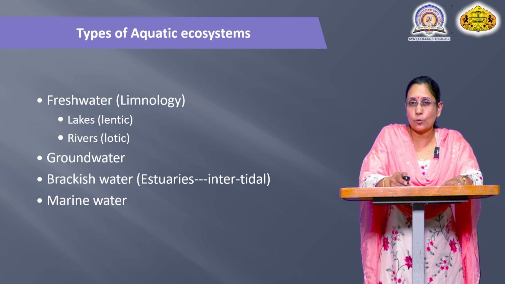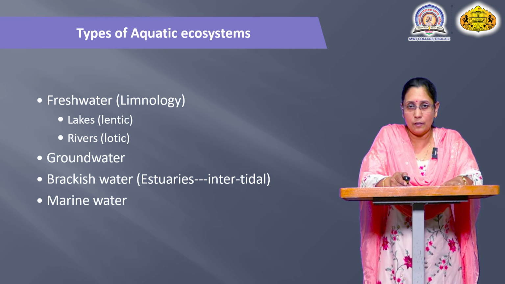Then groundwater is also one of the types of aquatic ecosystem, and one specialized part which comes in this aquatic ecosystem is the brackish water, specialized and also interesting. The brackish water system is also called estuaries. What are estuaries? We know it very well. It's the simple combination of sea water and river.